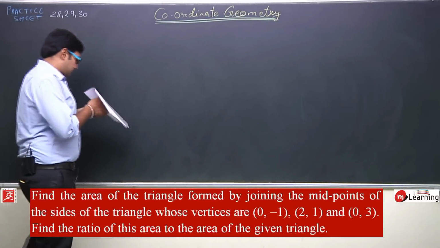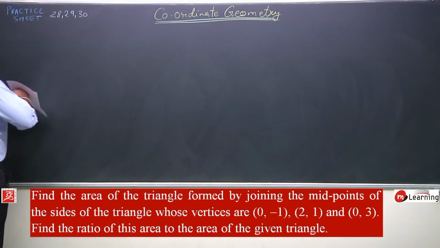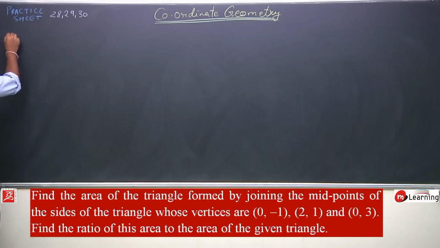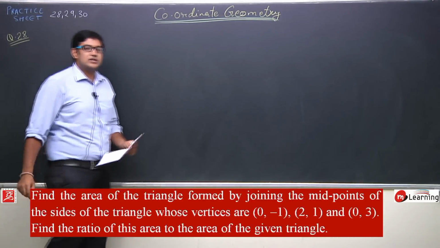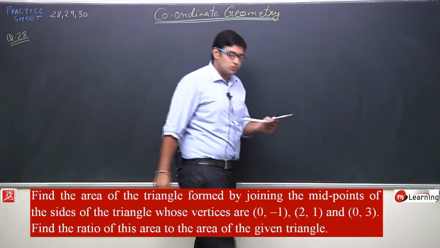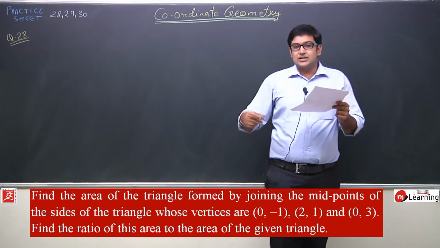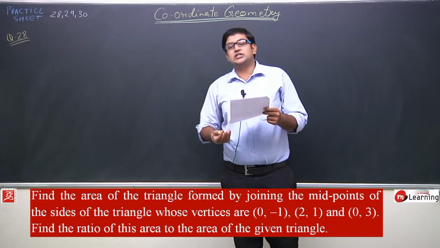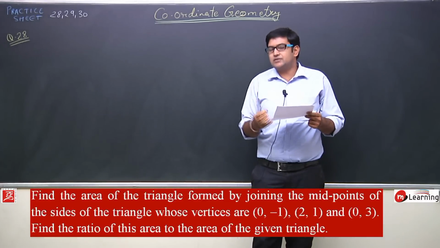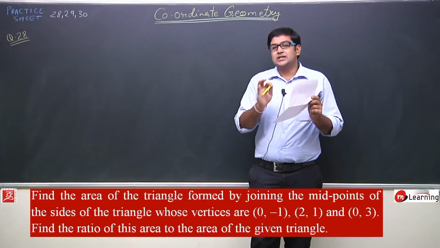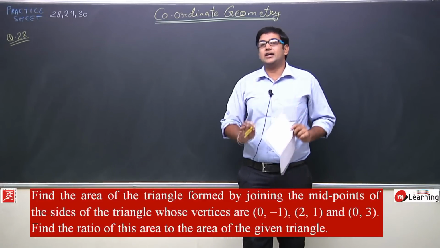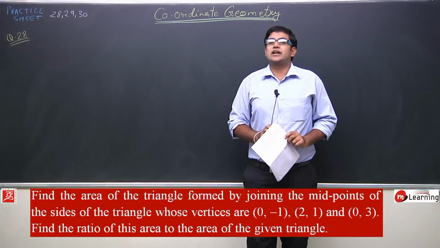This question is like, on first reading you will not be able to understand what exactly you need to do. So what is the best way to approach this question? The best way is to simply draw a triangle and mark its vertices.